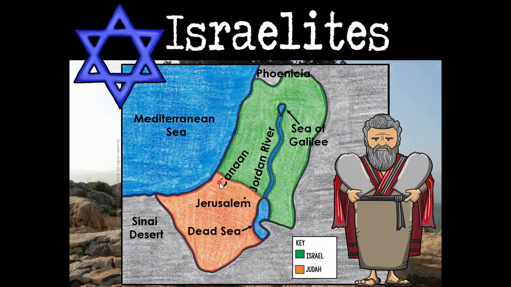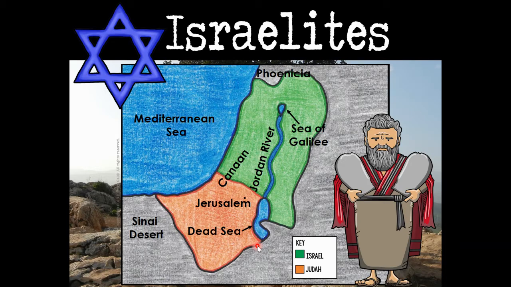So there is a lineage. Abraham was the person who was first promised to go to this promised land of Canaan. He had a son named Isaac. There is a very interesting story about Abraham and Isaac. Isaac had two sons named Jacob and Esau, and Jacob had 12 sons.